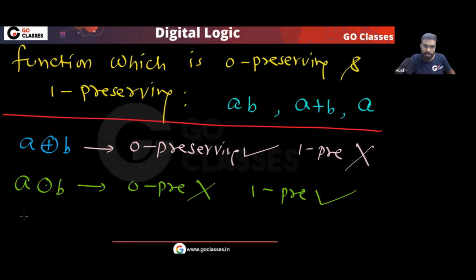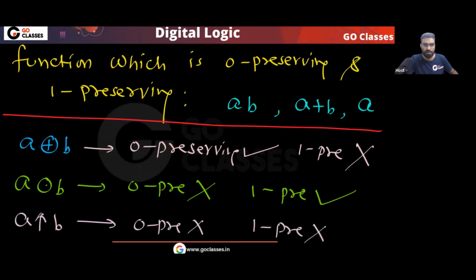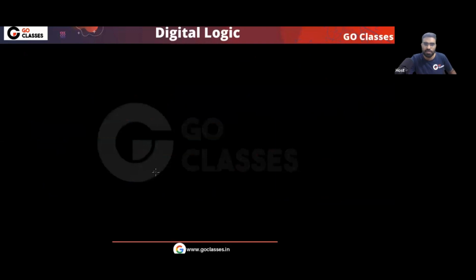And what function is neither zero preserving nor one preserving? For example, look at NAND. This is neither zero preserving nor one preserving. Yes or no? So everything is possible. There is no relationship between zero preserving and one preserving. Is this clear?